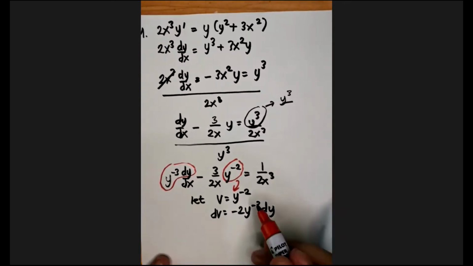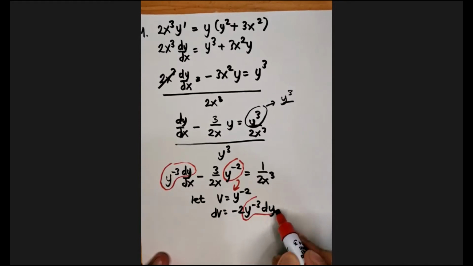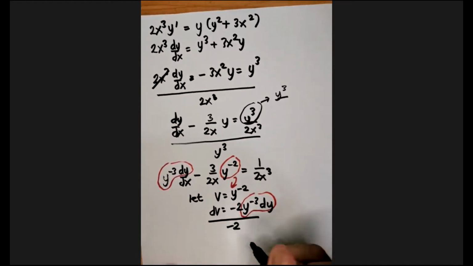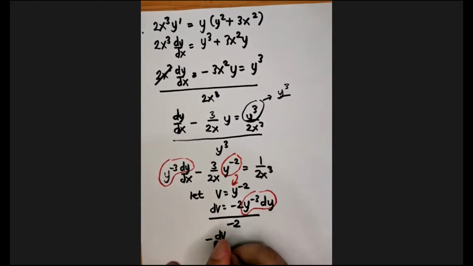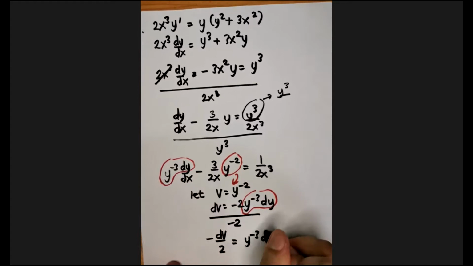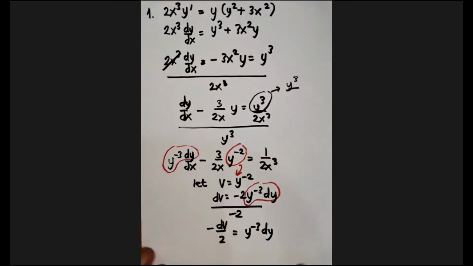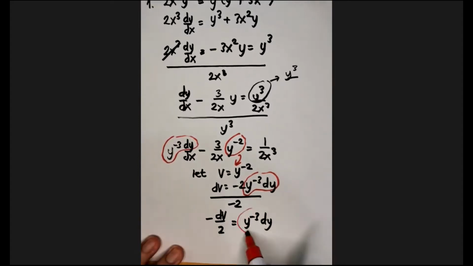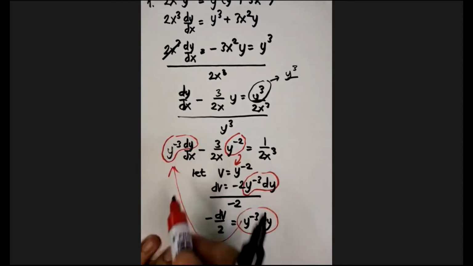Ang kailangan natin makuha is ang value nito. So, i-divide natin to ng negative 2. So, negative dv over 2 is equal to y raised to negative 3 dy. Okay, and then we will substitute this here.